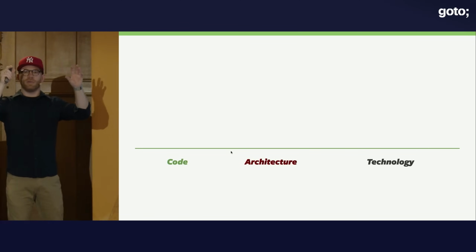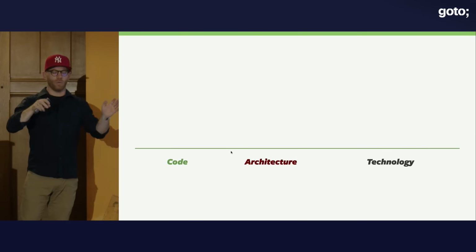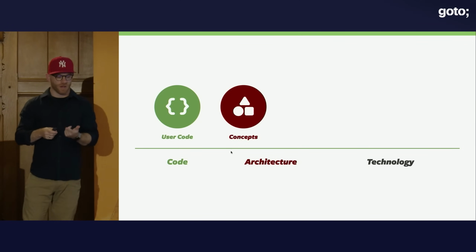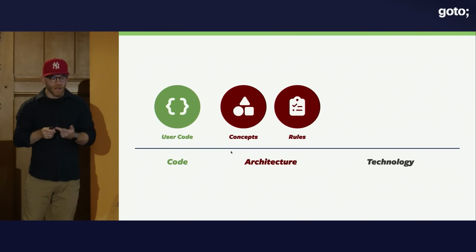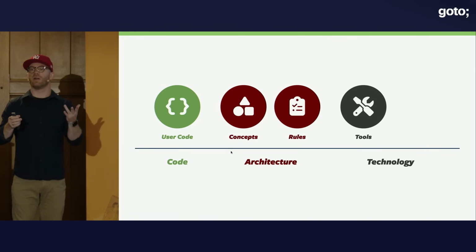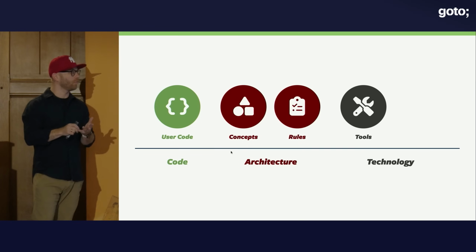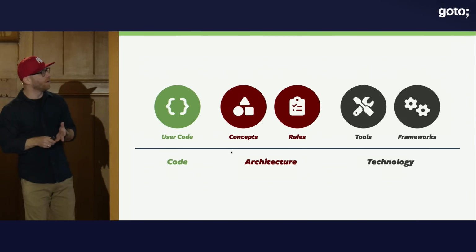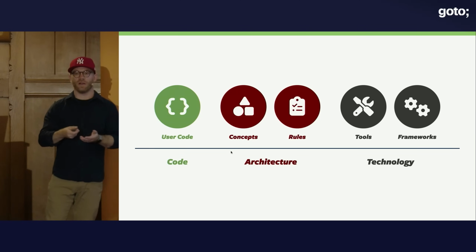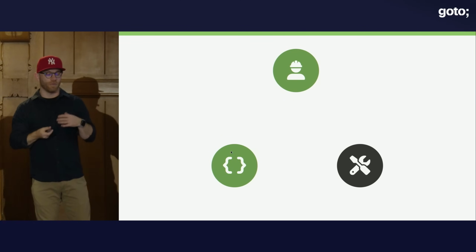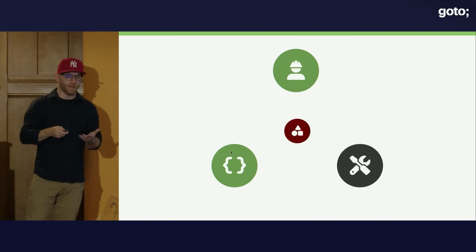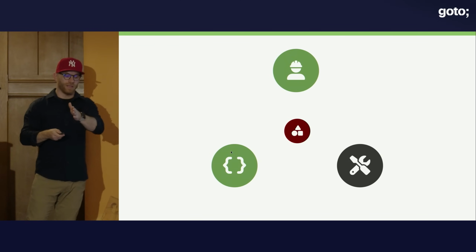So let's zoom out a bit again and have a look at what we've done in both of these examples, right? We had our user code, we had these architectural concepts and the rules attached to them, and there was technology involved. The Spring Framework repositories were referenced, and there were tools that we were actually using to teach how to identify the concept and the rules. That's the way that we've worked, right? So the concept definition actually resides on the tool side.